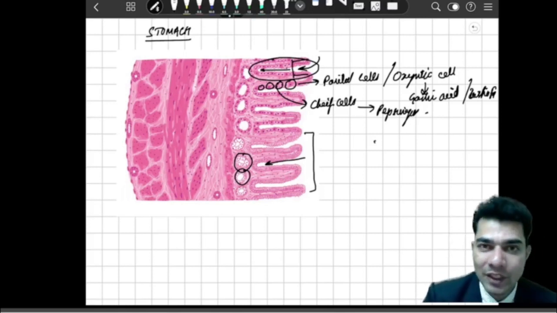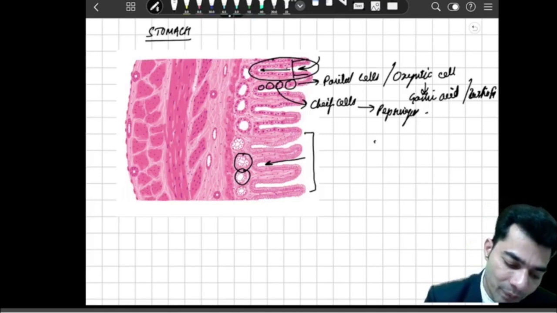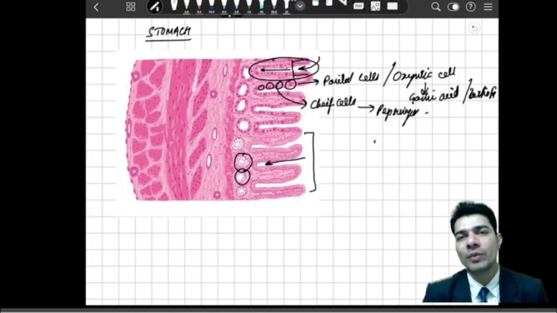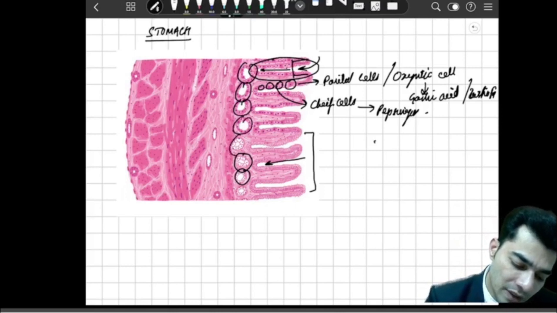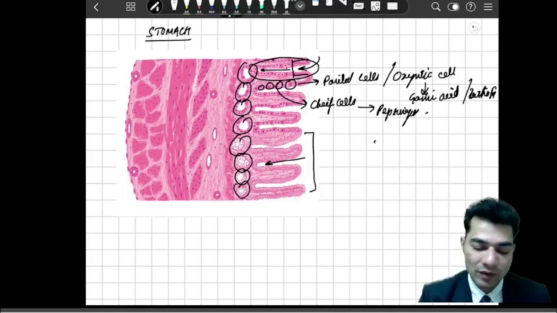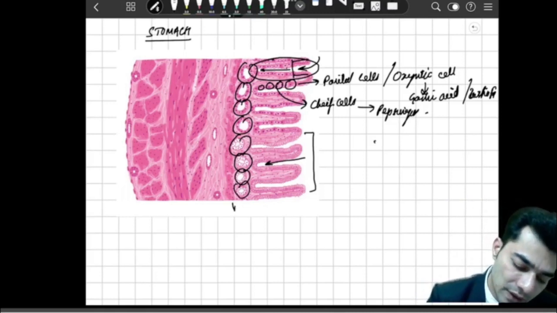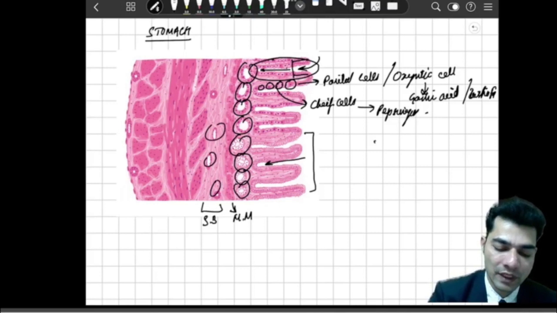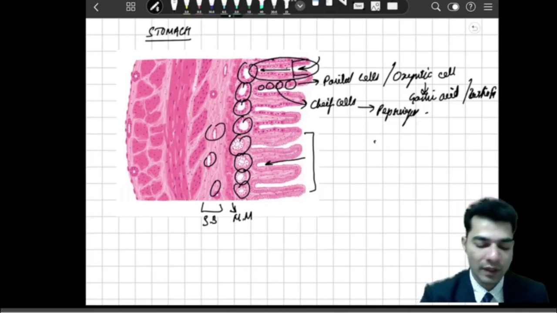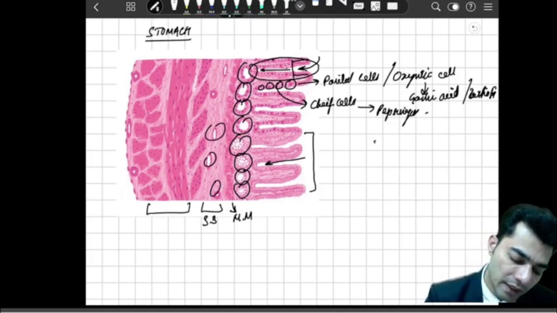This was the lining epithelium of the stomach, followed by the lamina propria, which is filled with a lot of deep glands in all parts of the stomach. Beyond that is the muscularis mucosa, then the submucosa filled with lots of blood vessels and lymphatics, then the muscularis externa.